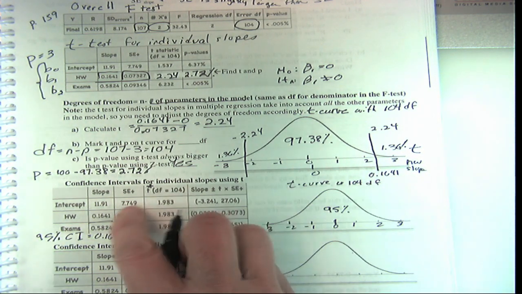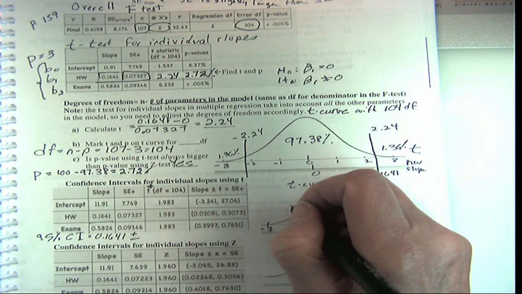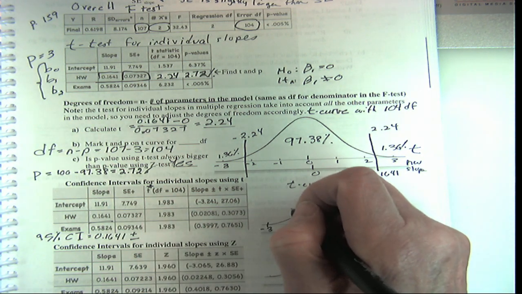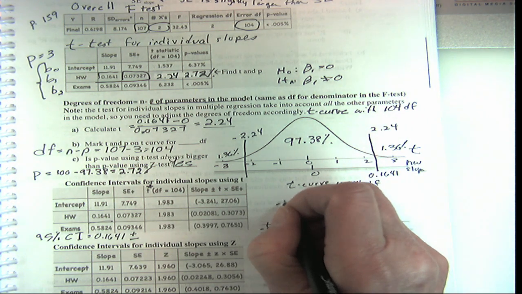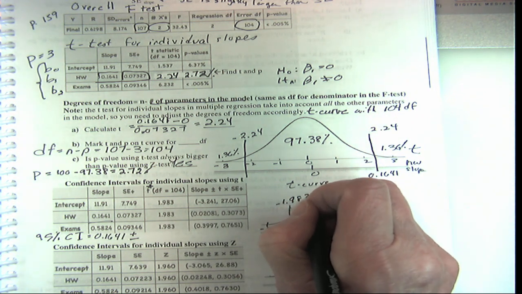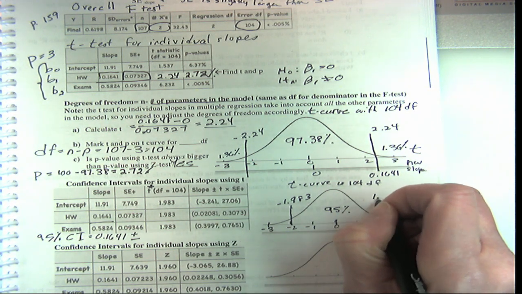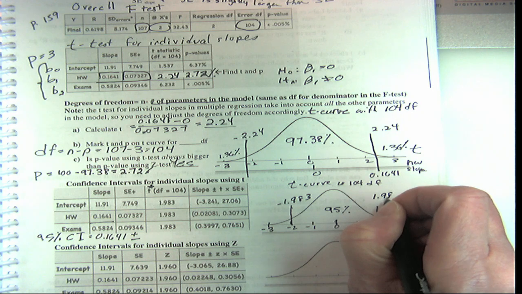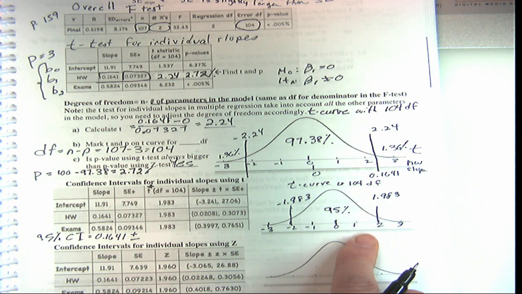So let's do that. What is it? 1.983. It's almost 2. So close to 2 you can barely tell it apart. Negative 1.983 and positive 1.983. Okay, so that's what it is, and that's 95%.